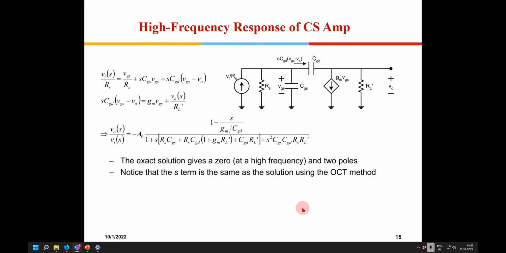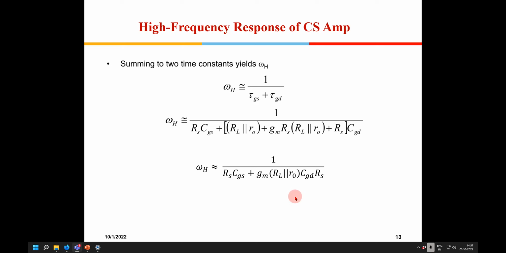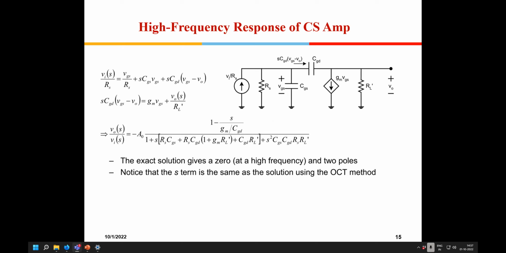Right. So here, when we wrote these things, generally that zero comes at very, very high frequencies. If you see here, when we did one analysis out here, there is a zero also in the numerator.